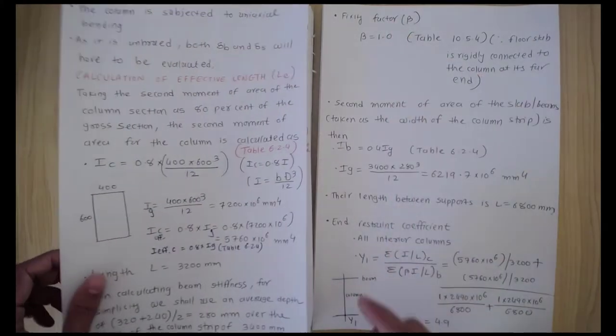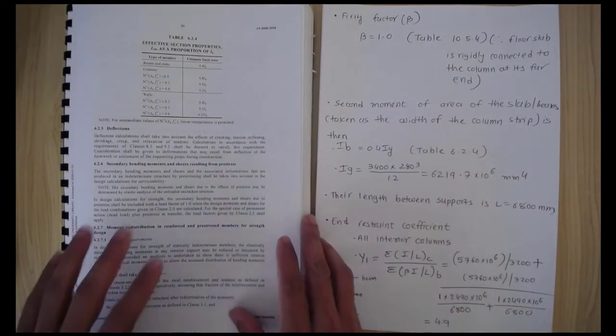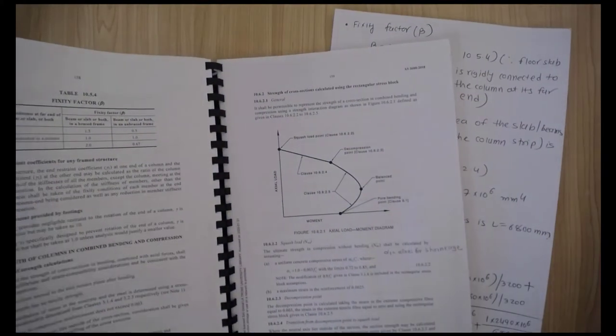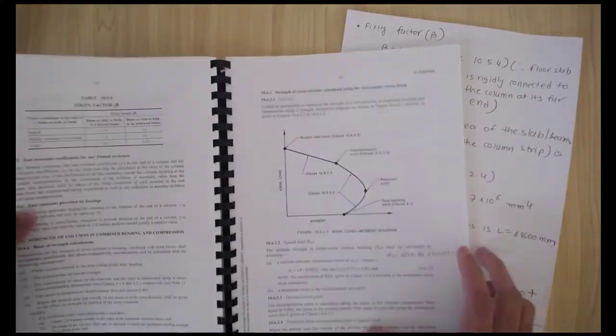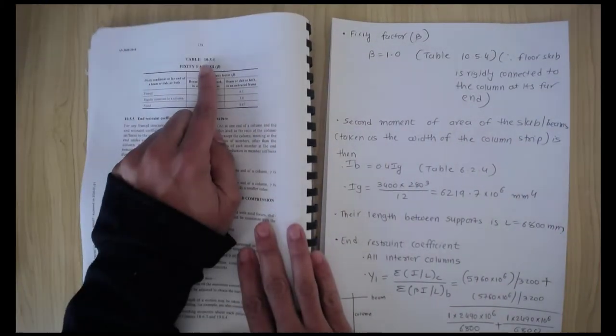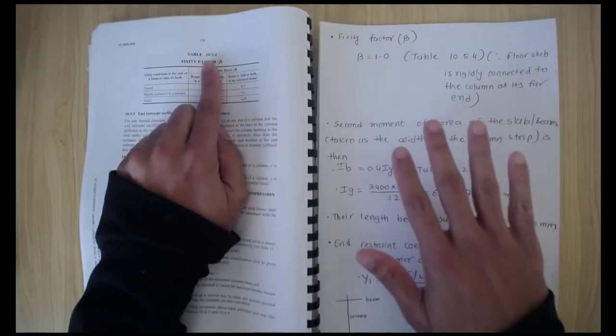So now for the beam, let me talk about the fixity factors. If you go to table 10.5.4, you can go back to the table here. I can put a mark here. In table 10.5.4, you can find the fixity factors.